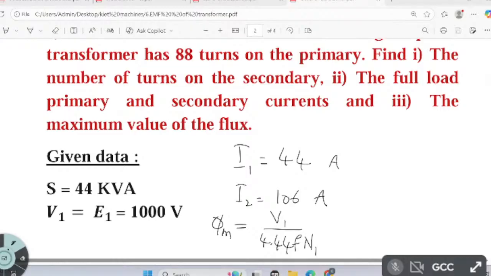V1 by 4.44 F N1 or V2 by 4.44 F N2. You can use any one formula. What is that value? 0.0518 Webers, Wb.